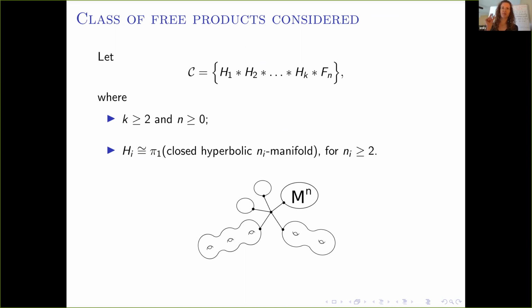So there may or may not be a free piece. And each group, H_i, is the fundamental group of some closed hyperbolic n_i-manifold for n_i at least 2. So there's a picture. It's the fundamental group of some space built out of manifolds and a graph.